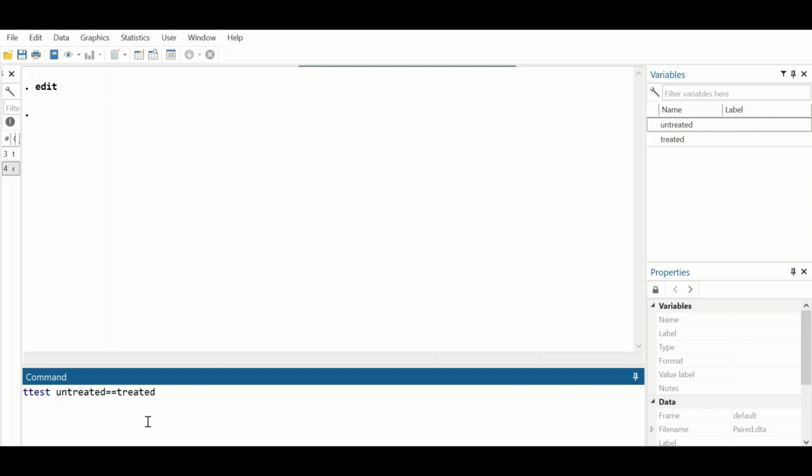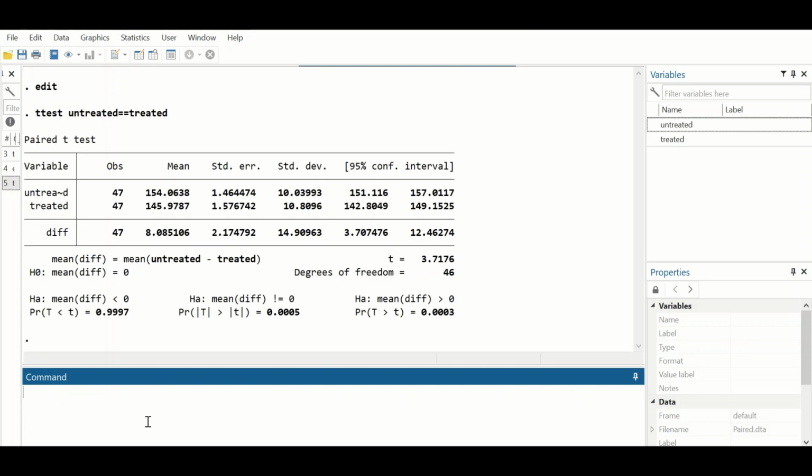So this is a paired t-test, showing that we have two sets, untreated and treated, and we're trying to find whether there is a difference. If you click enter, a table is generated as shown here for the paired t-test.